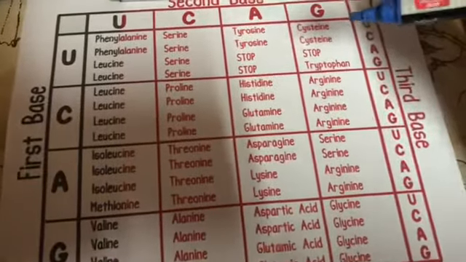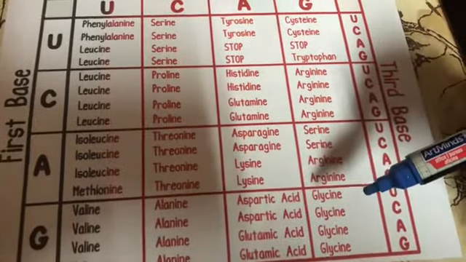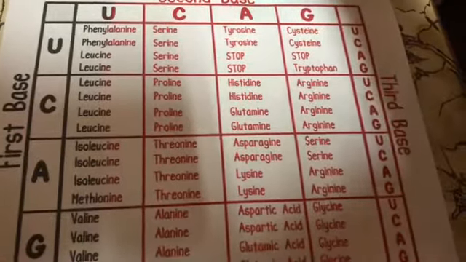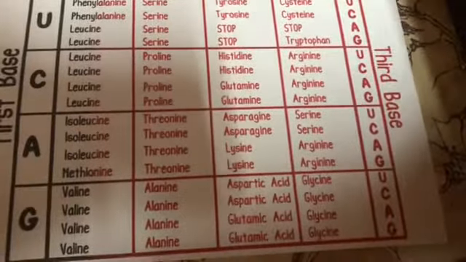Now our new base, instead of UGG, we have GGU. So that becomes GGU, and that is glycine. GCU is alanine. And then we just have these 2 letters left over.